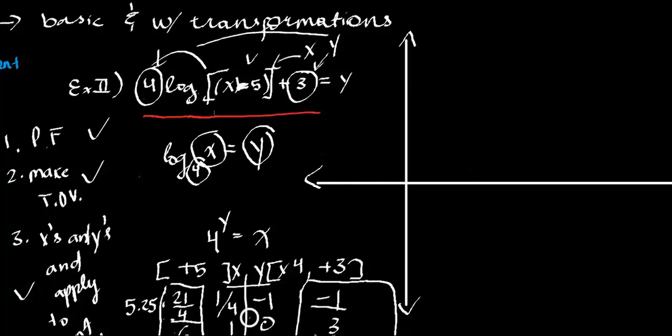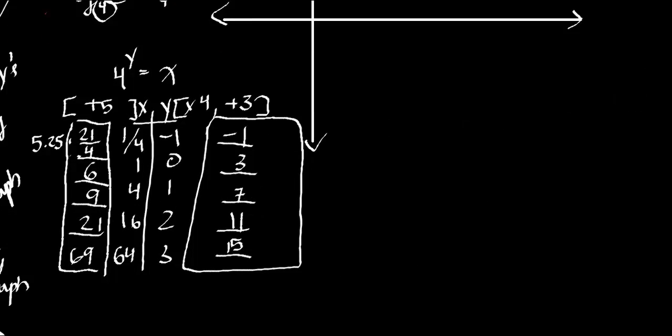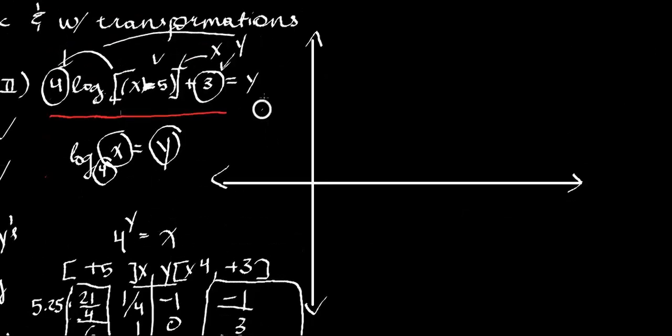Oh, I need to teach you one more thing. Remember I was talking about vertical asymptotes? Since we are graphing the inverse of the exponent, remember in exponents we had a horizontal asymptote. Now we are basically doing the opposite, which is a vertical asymptote.